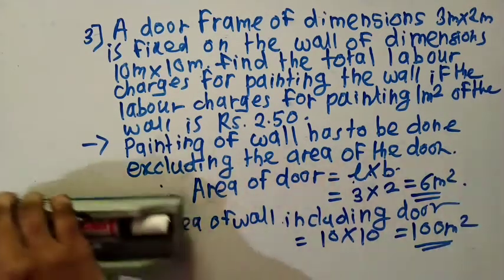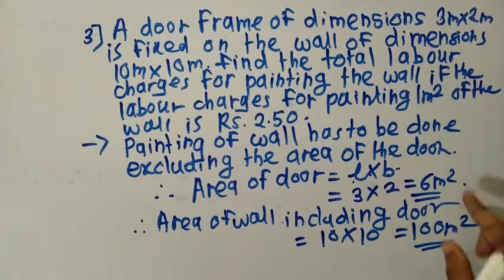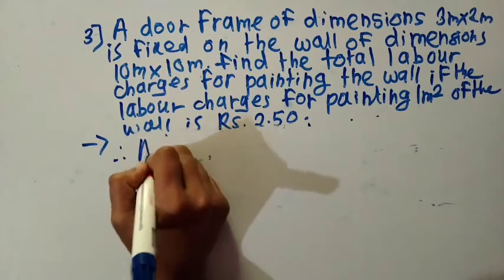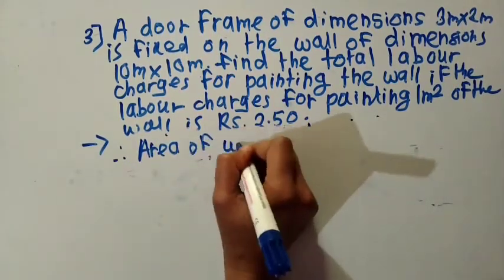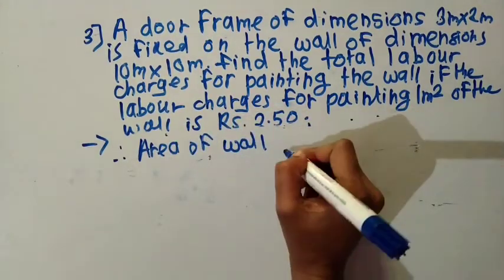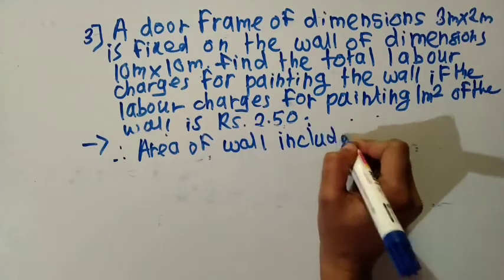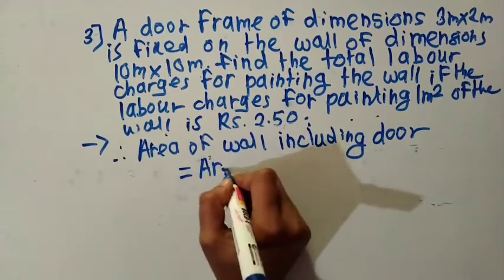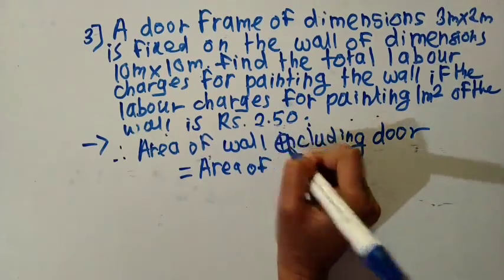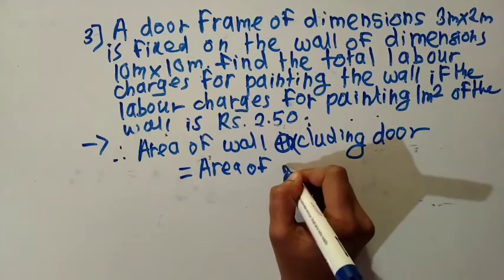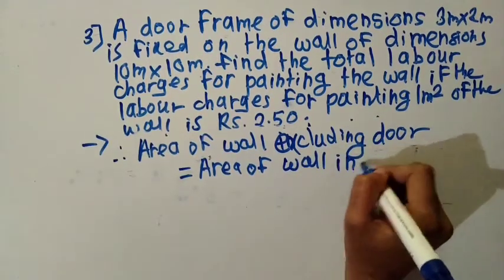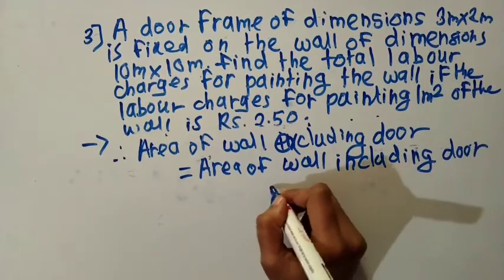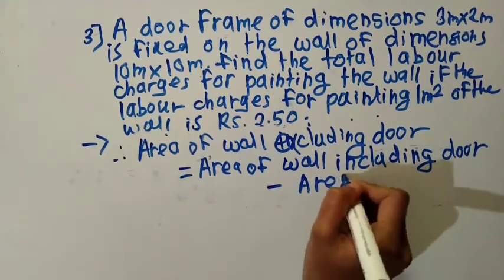Then we subtract this from this. Hence area of wall excluding the door is equal to area of wall including door minus area of door.